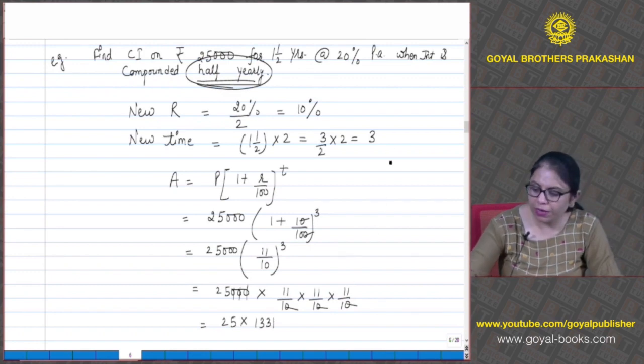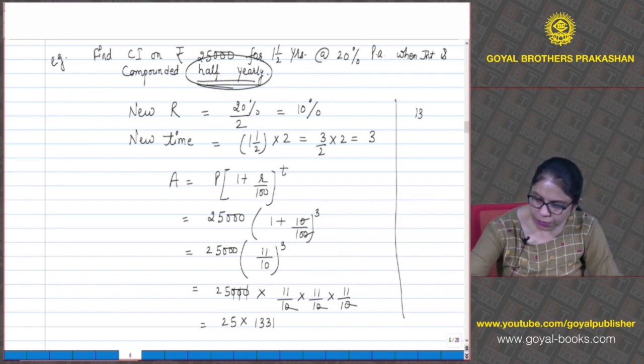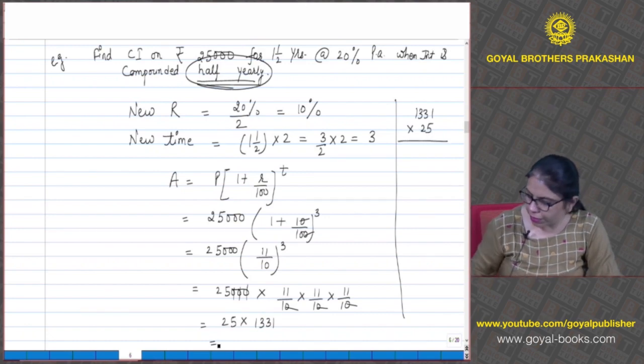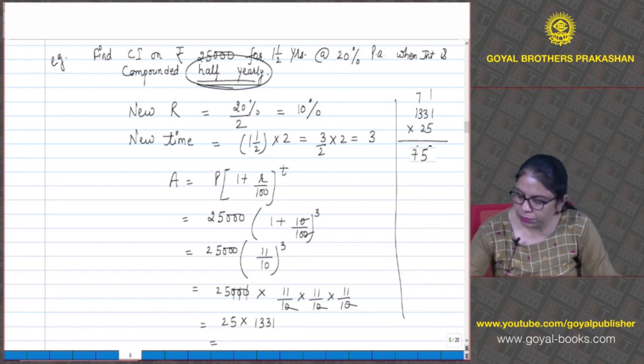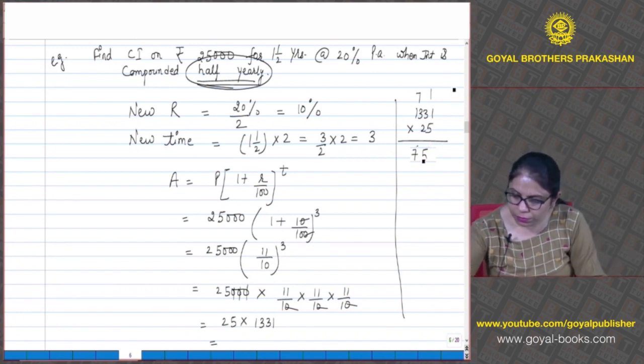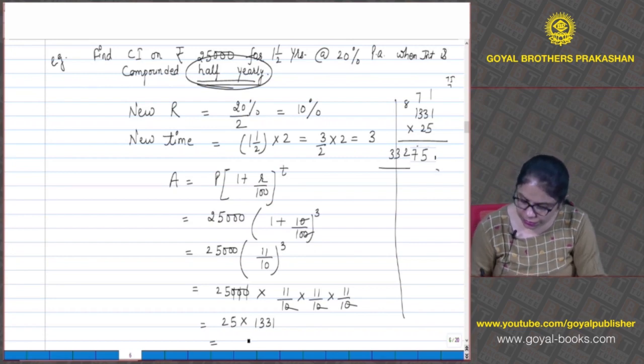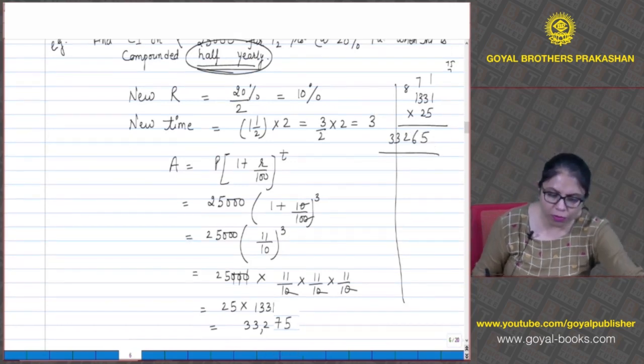We will multiply 11 three times. The result is 33,275. This is our amount.